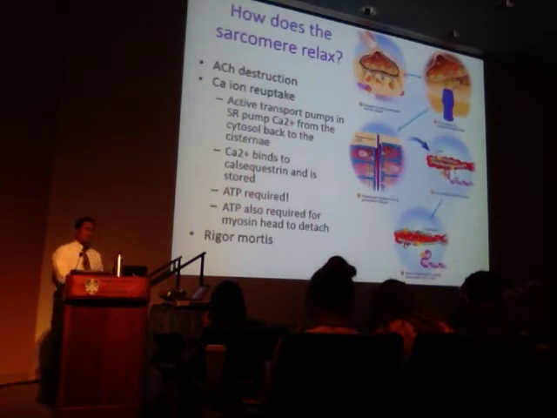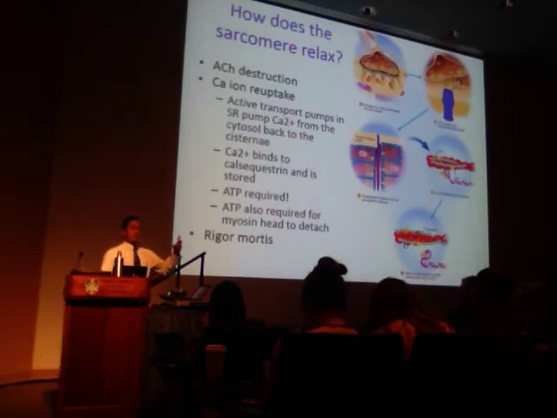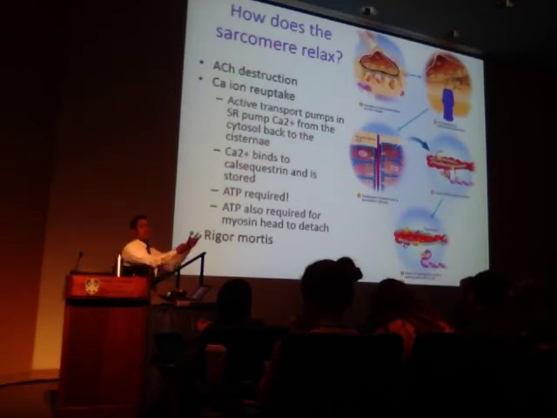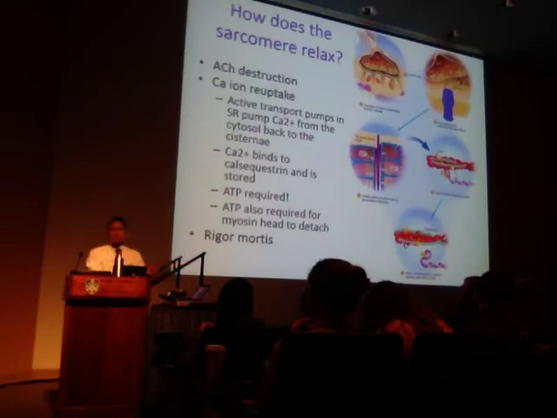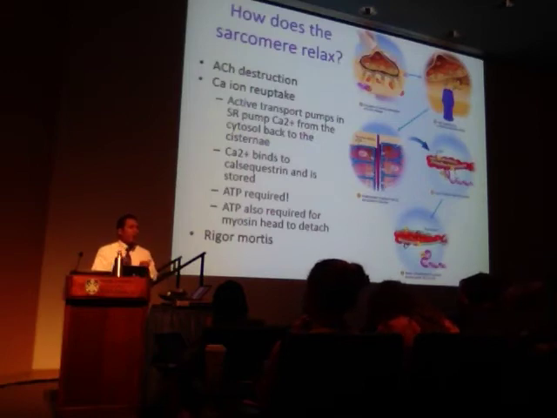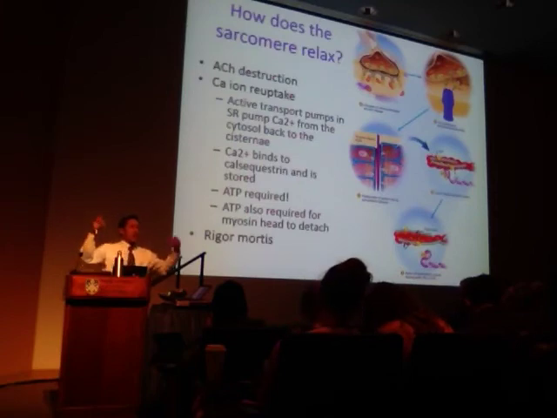Now I just told you that you have to have ATP to let go. You also have to have ATP to pump calcium back into the sarcoplasmic reticulum. That should make sense because an active transporter requires ATP. Careful, this is the cumulative portion of the class. Why? It goes against the gradient. Where is calcium actually high?